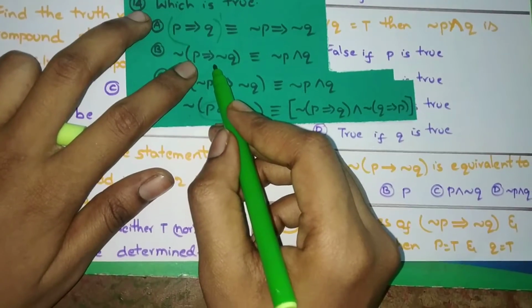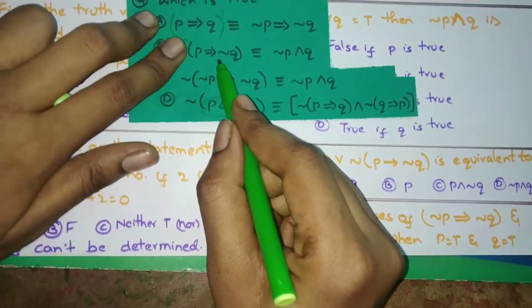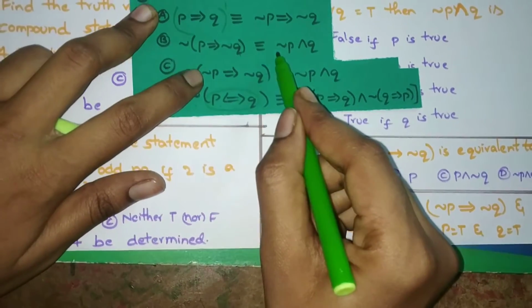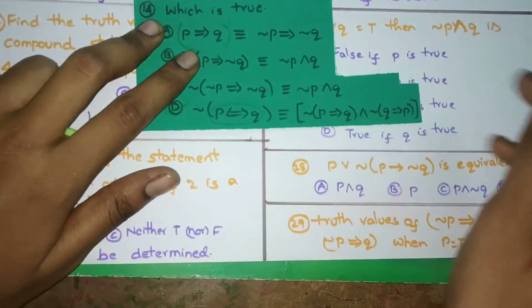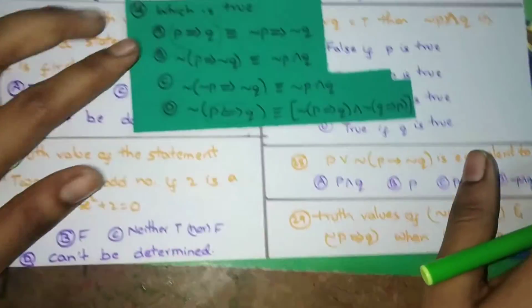Now see the second option. Negation of P implies negation of Q is equal to negation of P and Q. Let me take a book.